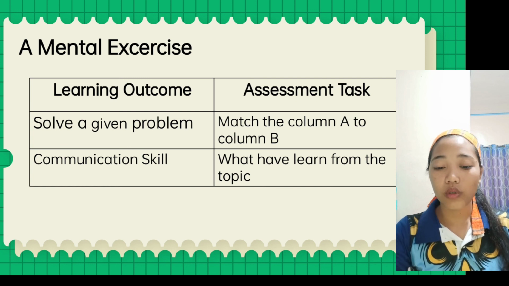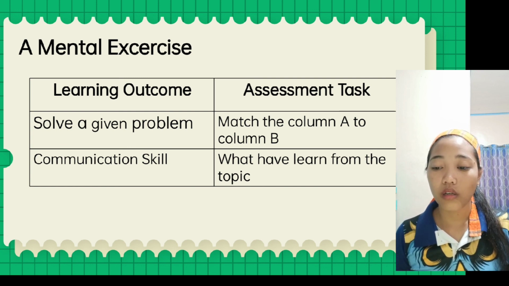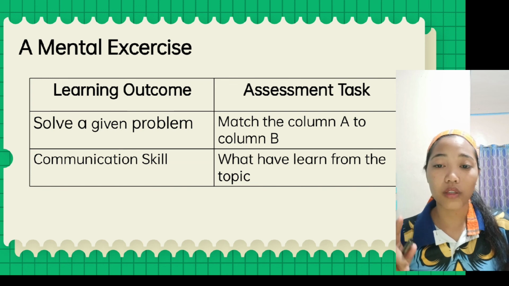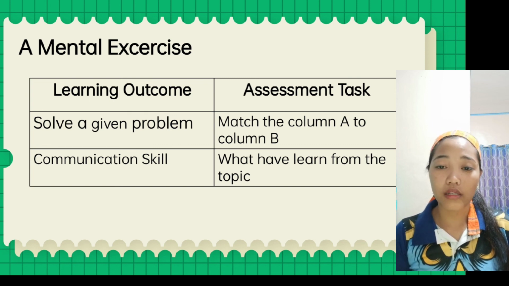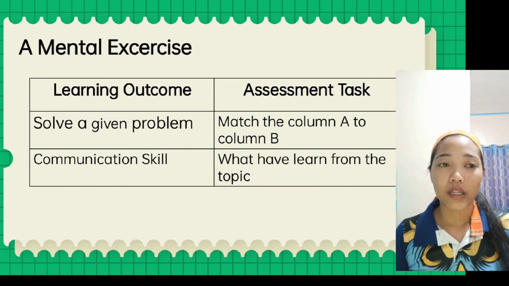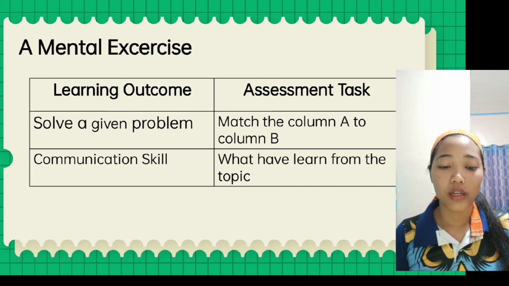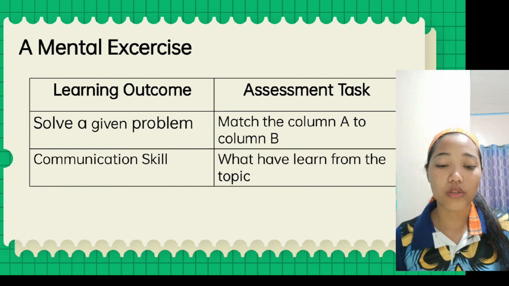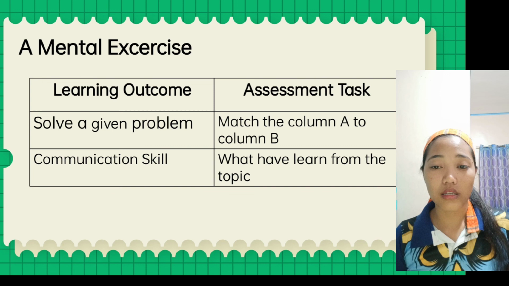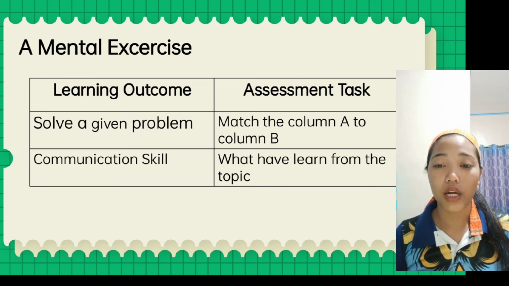That is the task given to the student. By that given task, the task that we have changed is aligned to the learning outcome, which is that the student solves a given problem. So you need to align the assessment task to the learning outcome.